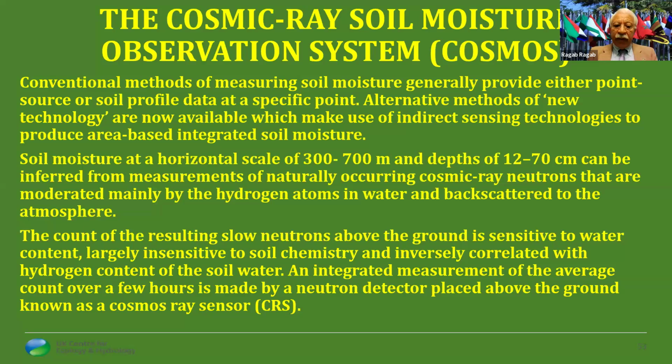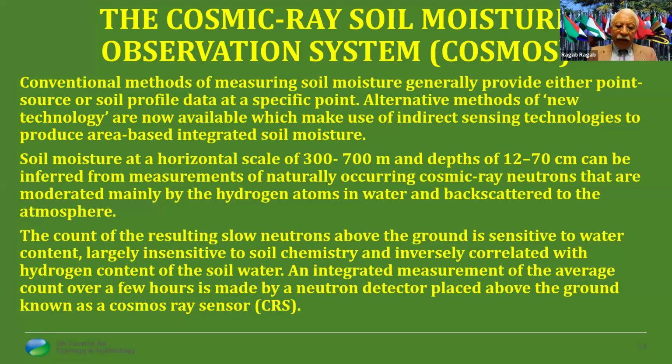Soil moisture at a horizontal scale of 300 to 700 meter diameter and depth of 12 to 70 centimeters can be inferred from measurements of naturally occurring cosmic ray neutrons that are moderated mainly by the hydrogen atoms in the water backscattered to the atmosphere.